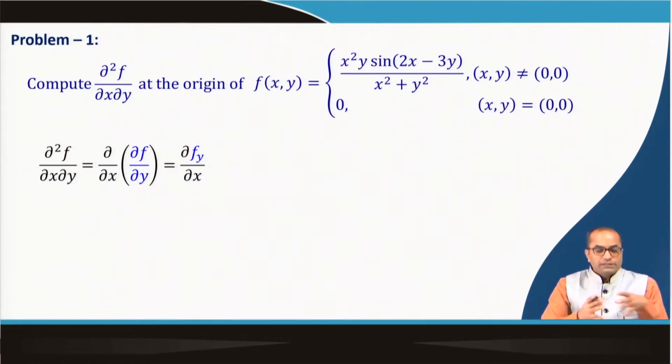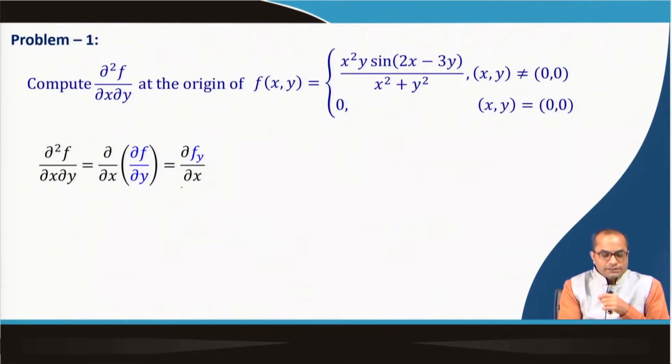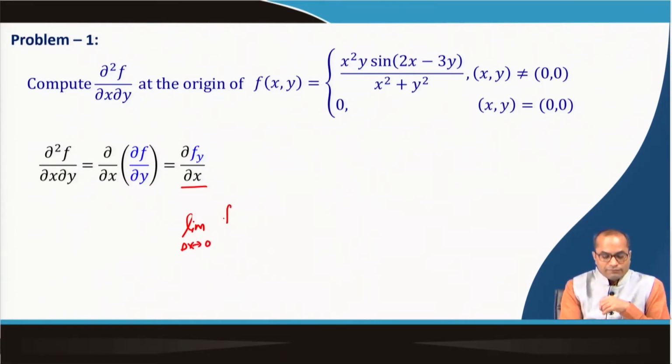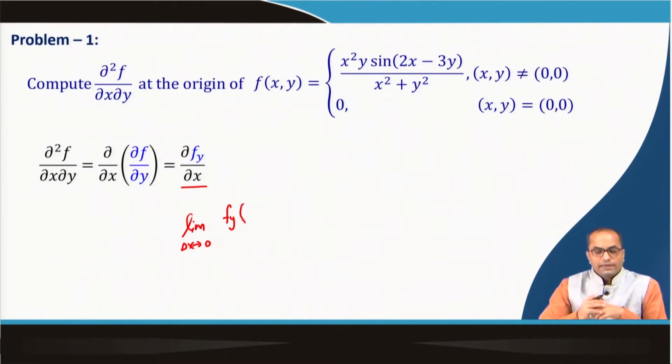As per the limit definition, what will be this partial derivative with respect to x? We have the limit where delta x goes to 0 at the end, and our function is now f_y, and we are talking about this derivative at the origin (0,0).